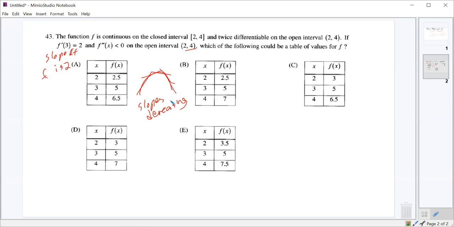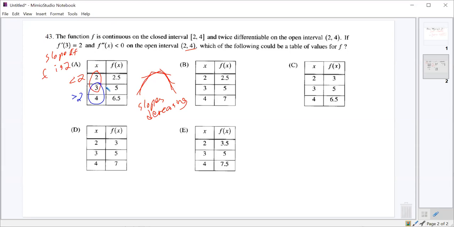Does that make sense to everyone? Okay. So that means that if we were to look at the slope between 2 and 3, it should be less than 2. And if we were to look at the slope between 3 and 4, it should be greater than 2 for whichever one is the right answer choice.